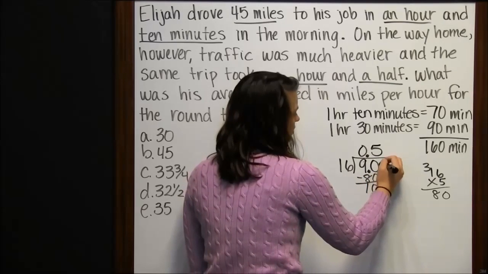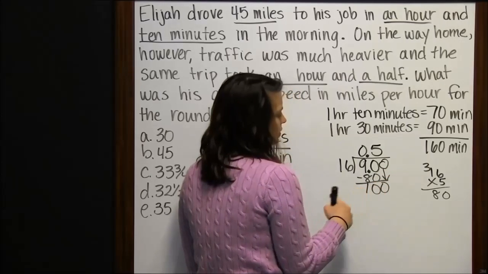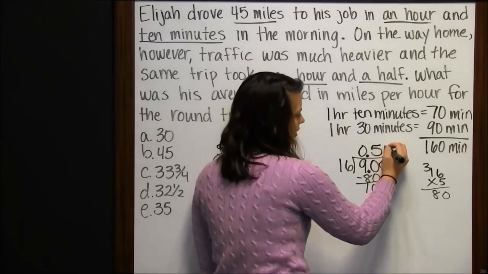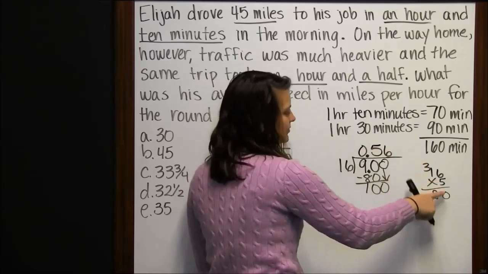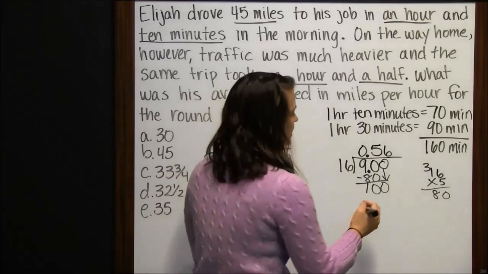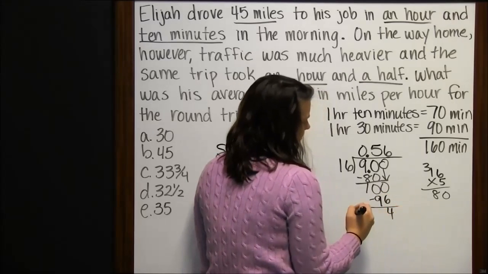So we need to add another 0 and bring it down. So 16 goes into 100 6 times. Since 16 times 5 was 80, then one more time would be 96. And then we subtract and we get 4.